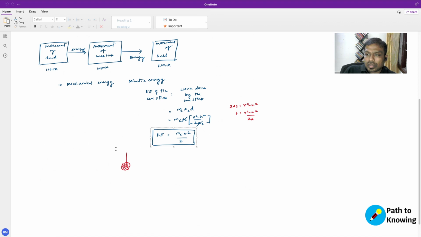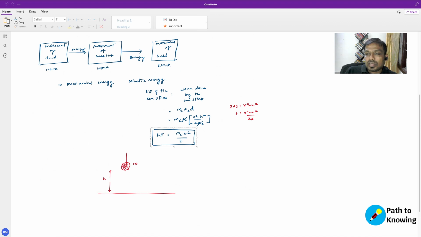I think it's a little slow here, but yeah, it will soon come up. So here I'm talking about a scenario of an iron ball. Let m be the mass of this iron ball, and this is hanging from the ceiling or someplace, and it is at a height of h meters from the ground, from the surface of the earth.